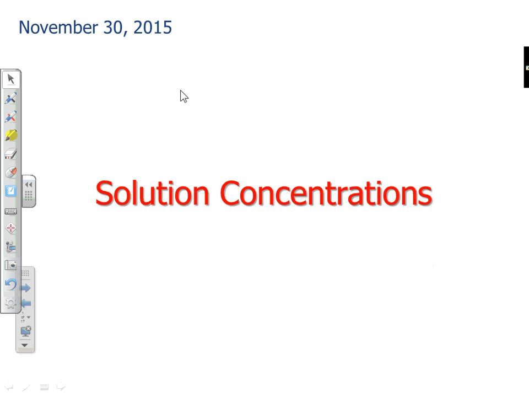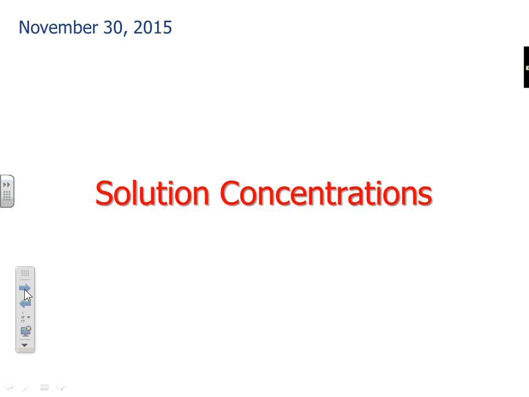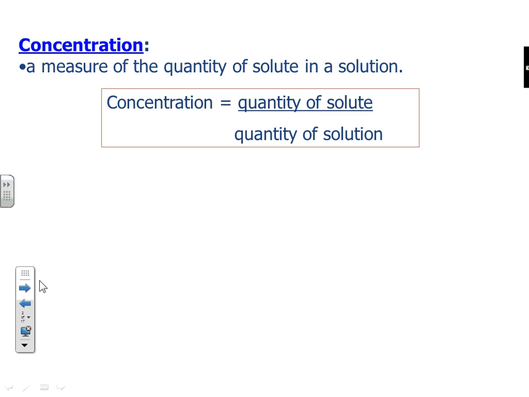We're good. Okay, so what we want to talk about for the next couple of days is how we represent concentrations of solutions. All right. So when we dissolve a substance, we have a certain amount of the solute, the thing that we're dissolving, and we put it into a liquid, predominantly a liquid.